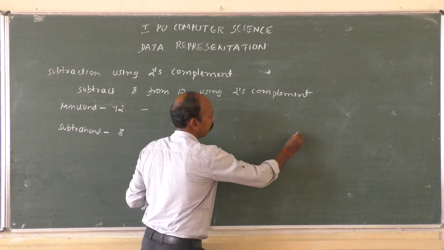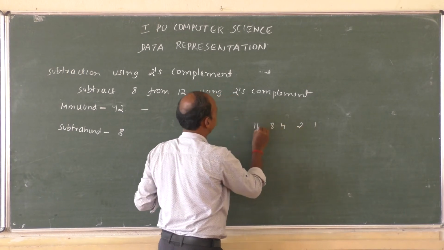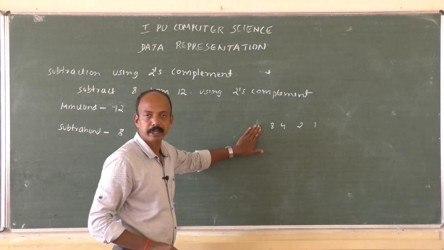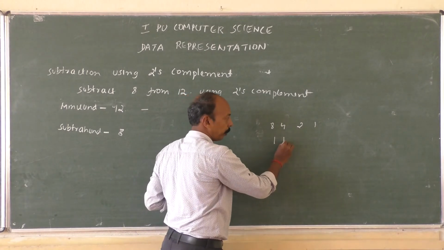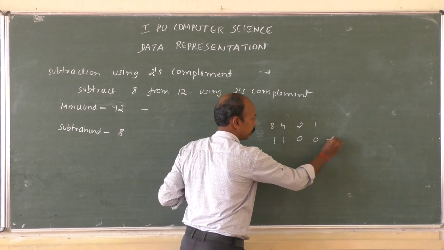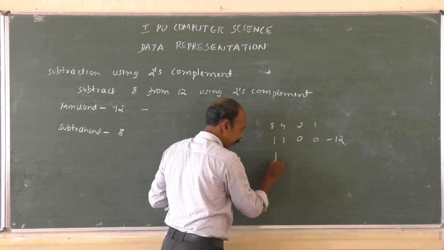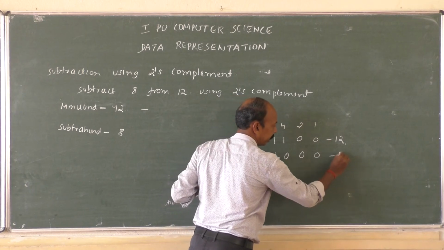We know the format: 1, 2, 4, 8, 16. What we need is 12 and 8, so this particular bit is not required. 8 and 4 will be 12, and these two will be 0. This is 12. And the other one is 8, so only one bit we have to consider. These bits are 0 for 8.